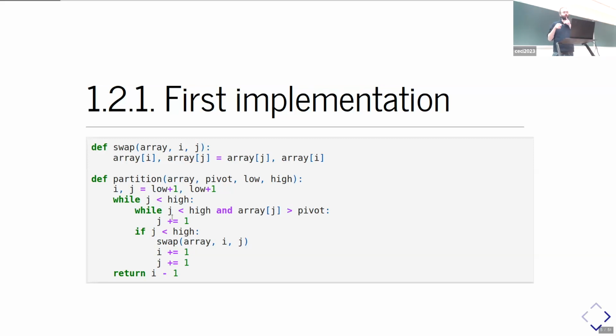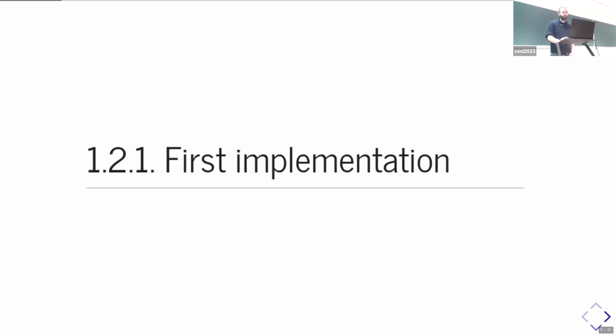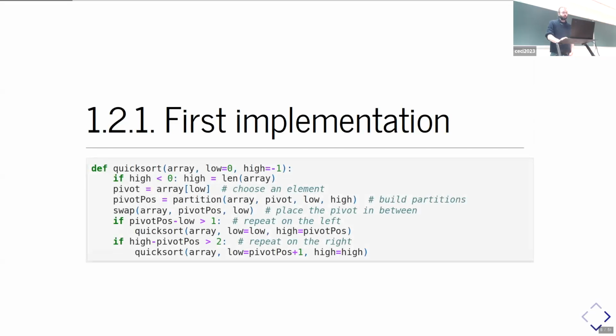So I know that between 0 and i I have all the ones smaller than or equal to the pivot, and all those from i to j, ultimately being the end of the part I'm working on, are the elements that are strictly greater than my pivot. And I do it in a certain way that is not very efficient, but we will see how it's not efficient.